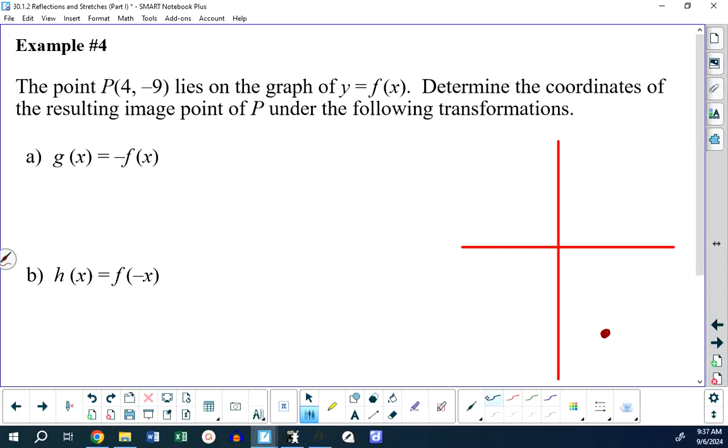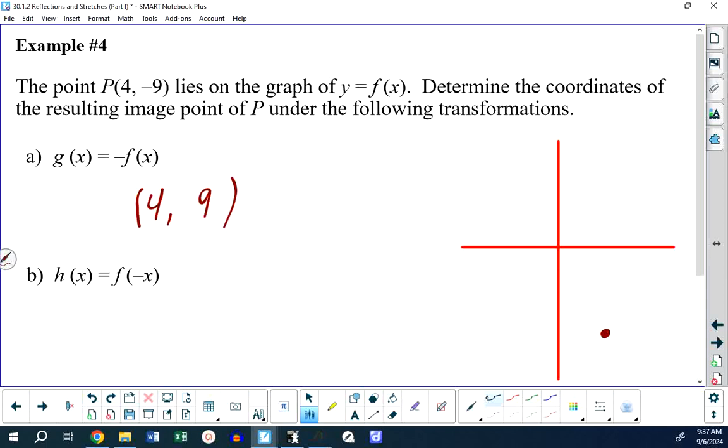I should know that negative f of x is a vertical reflection. And I should know that that means if it's below the x-axis, it's going to go above. And that leads me to the conclusion that the coordinates are going to be 4 comma positive 9. The y-coordinate is going to change from negative 9 to positive 9. You guys with me on this?